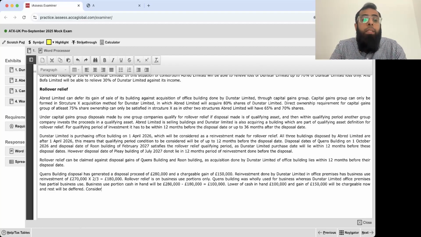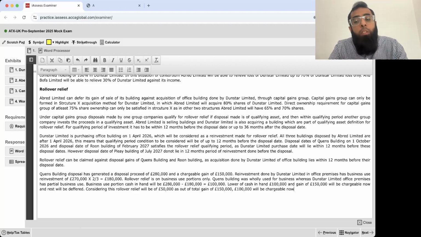Considering this, rollover relief will be 50,000 pounds, as out of the total gain of 150,000 pounds, 100,000 will be chargeable now. Sir, can you repeat it again?